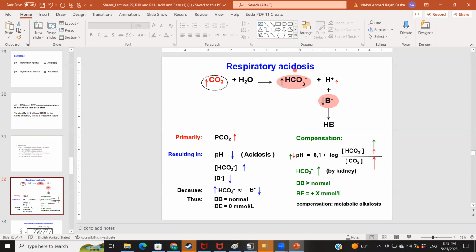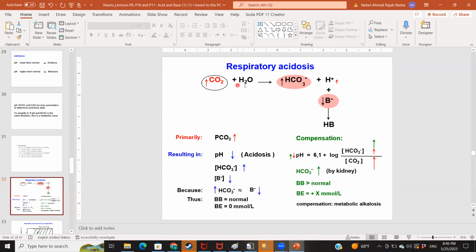We have respiratory acidosis, a patient with respiratory acidosis. Let's say someone is accumulating huge amounts of CO2. Now, as per the equation, if I increase CO2, pH is going to decrease, right? So for respiratory acidosis, there is an immediate compensatory mechanism that occurs within moments, not even seconds.